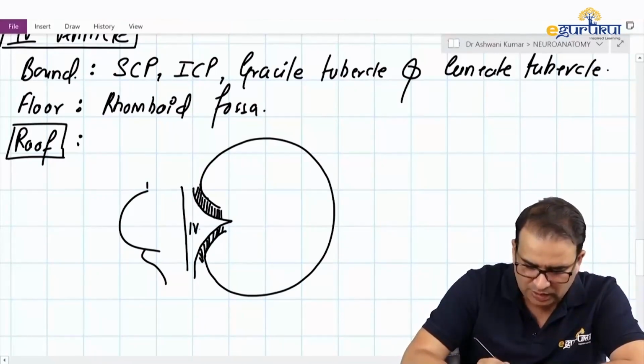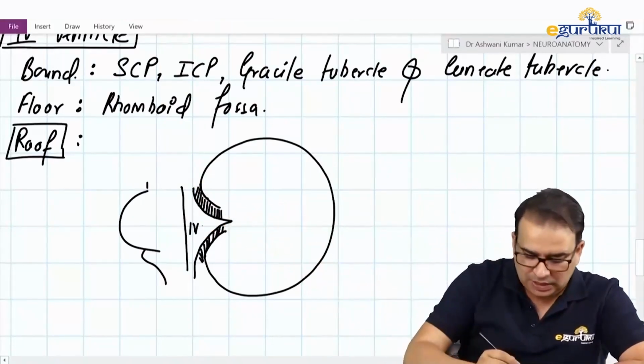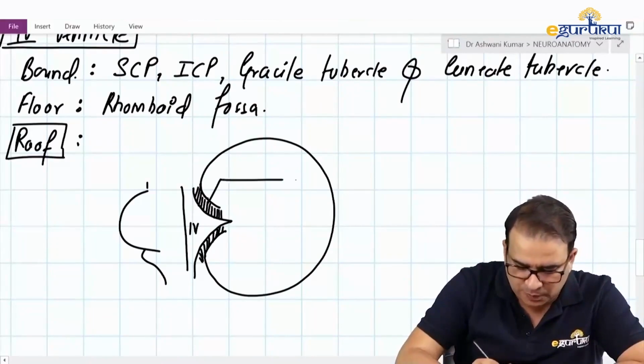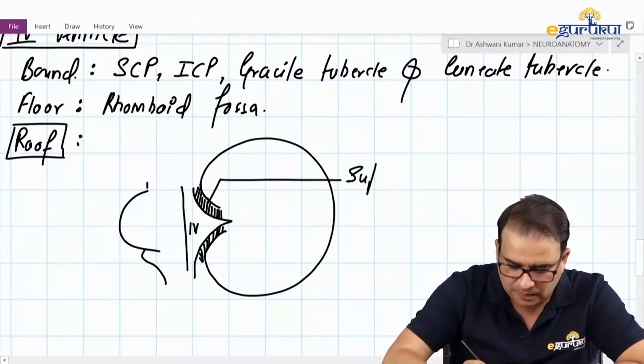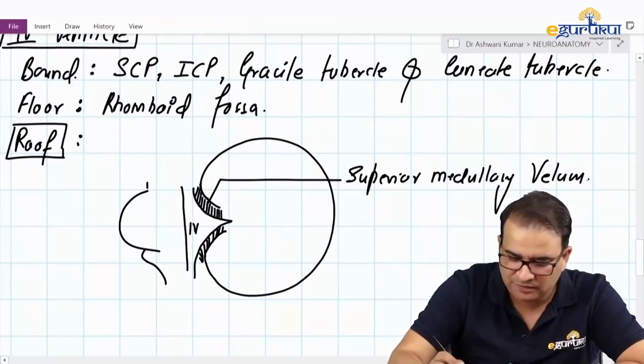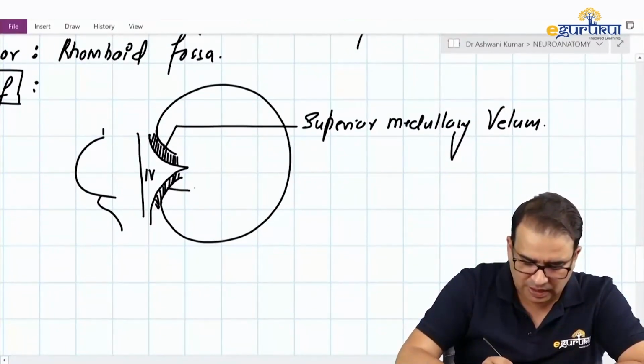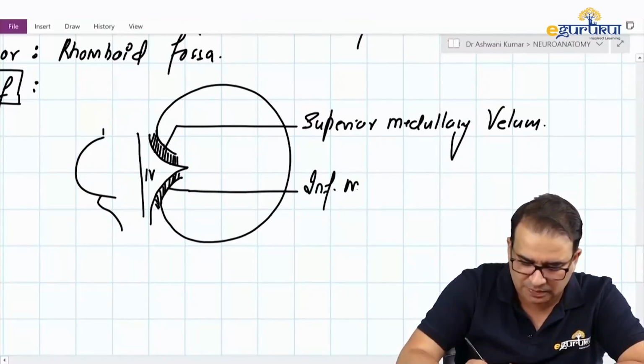Those are the extensions of the cerebellum which are forming the roof. This is referred to as the superior medullary velum, I'll tell you what that is, and this here is the inferior medullary velum.